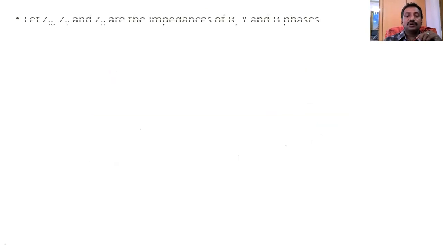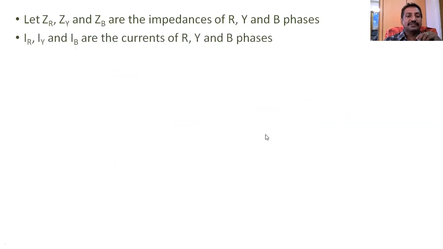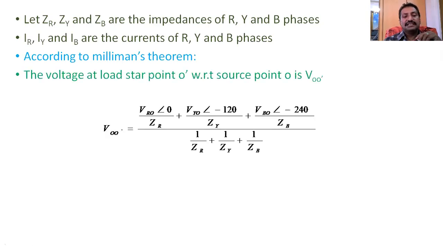So for that, we'll go like this. Here, let ZR, ZY, ZB be the impedances of the R, Y and B phases, and IR, IY, IB the R, Y and B phase currents. According to Millman's theorem, VO dash is equal to (I1 plus I2 plus I3) divided by (Y1 plus Y2 plus Y3).